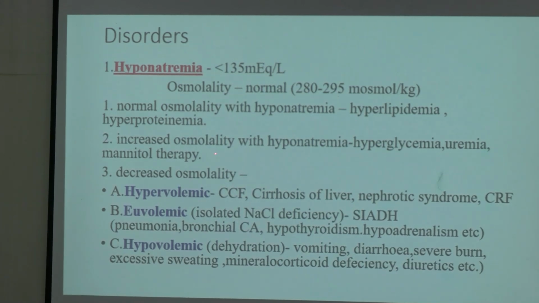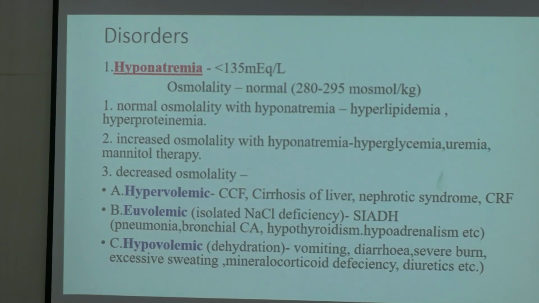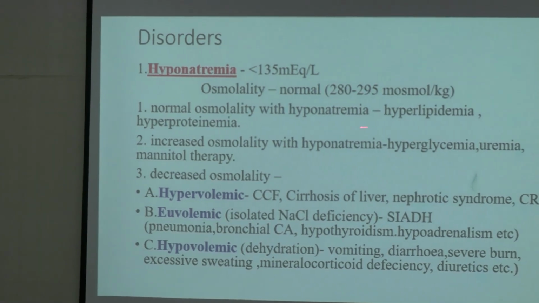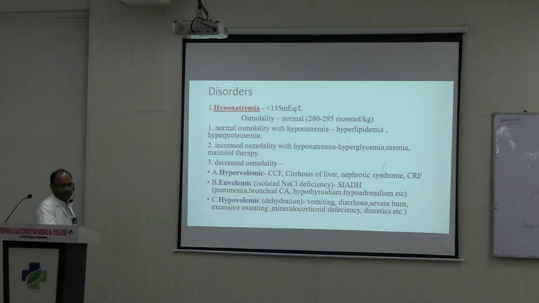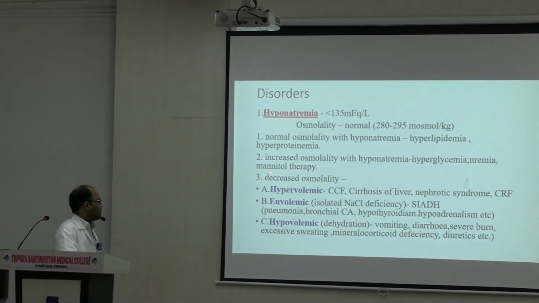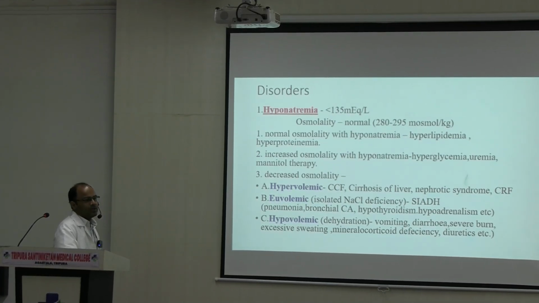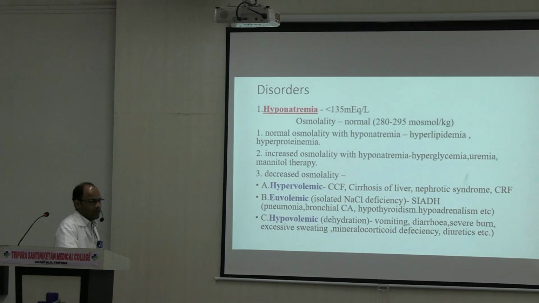Next is increased osmolarity with hyponatremia, like hyperglycemia, as in a patient with uncontrolled diabetes. Or the patient has uremia, like acute or chronic renal failure, with a very high urea level. Or the patient is receiving mannitol therapy, which we use in patients suffering from cerebral edema, any sort of cerebral edema like stroke.